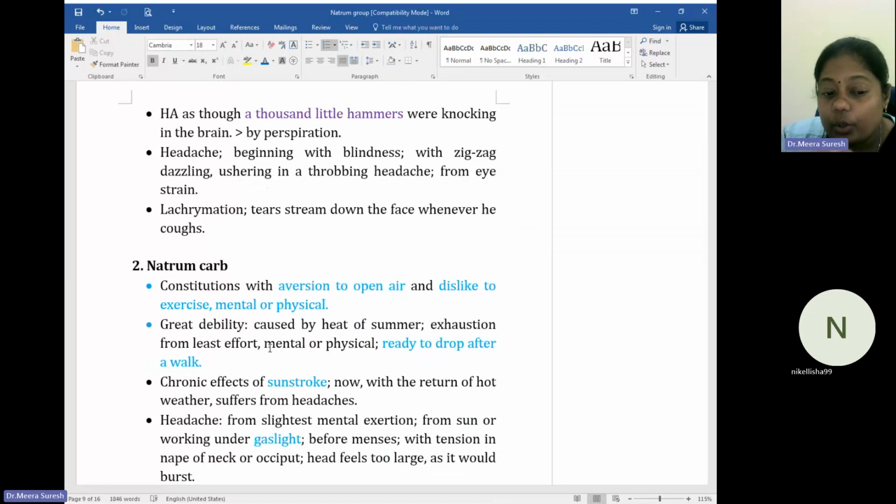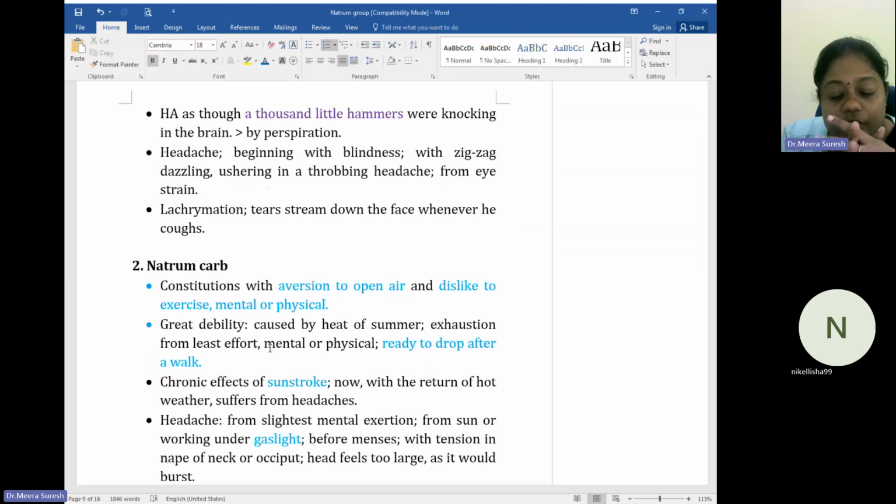Then they have the chronic effects of sunstroke. Now, with the return of hot weather, they suffer from headaches. So the people who once got sunstroke, though they got cured, every time the sun is there, if headaches are returning, Natrum carb is a good remedy.